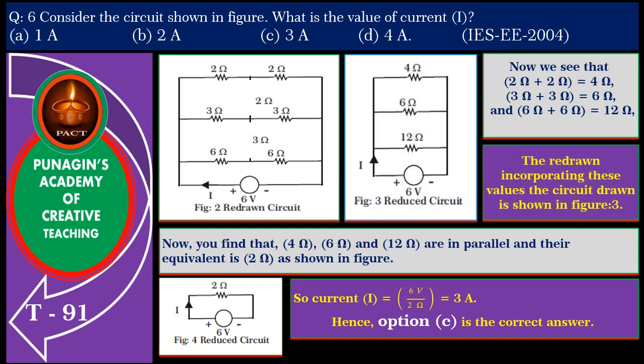Now, you find that 4 ohm, 6 ohm and 12 ohm are in parallel and their equivalent is 2 ohm as shown in figure 4. So, current I is equal to 6 volts divided by 2 ohm equal to 3 amperes. Hence, option C is the correct answer.